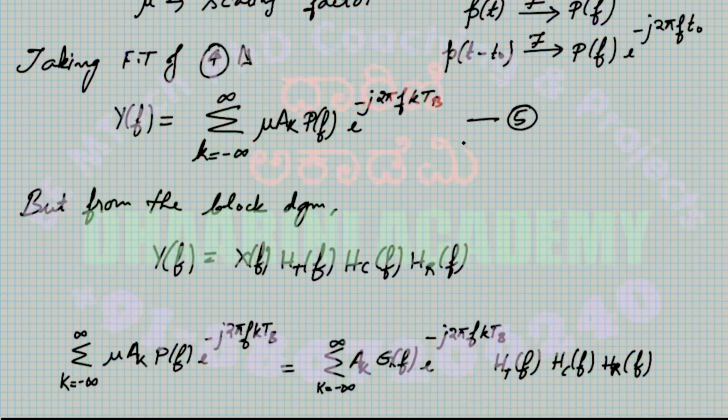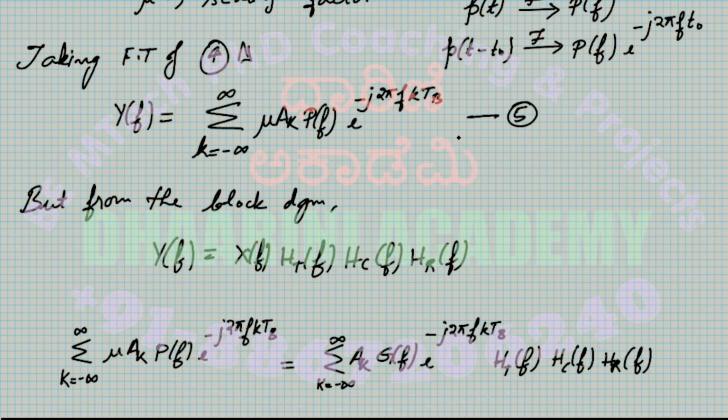So that's what we have written here. You can see here, Y of f is equal to the input X of f, the transmitting filter H_T of f, the channel H_C of f, and multiplied by the receiving function H_R of f, right? So in order to get this, we know the representation for X of f and Y of f.